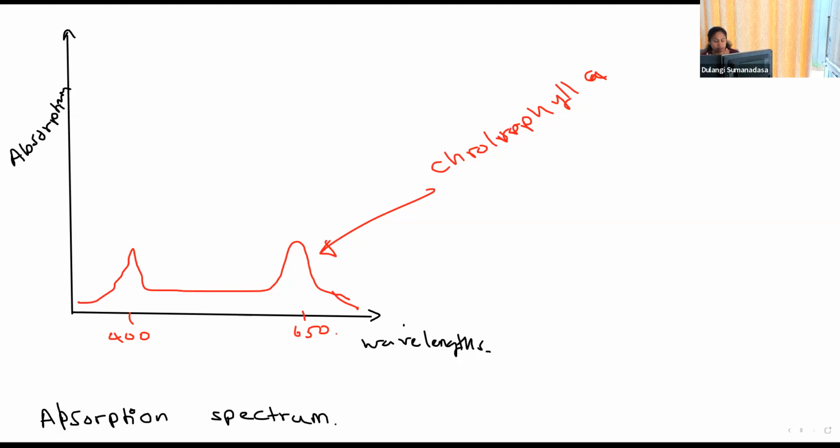I don't know which one, but one is for red, the other one is for the violet. So there's going to be higher absorption at these two wavelengths.